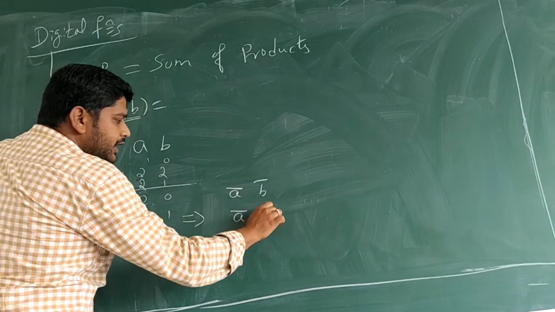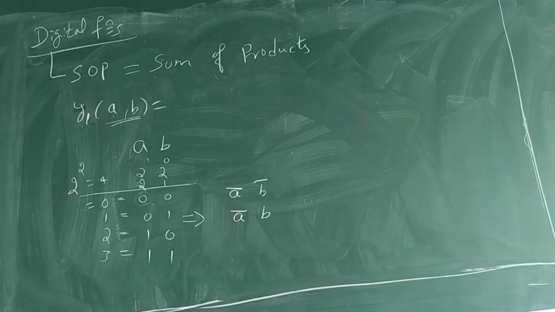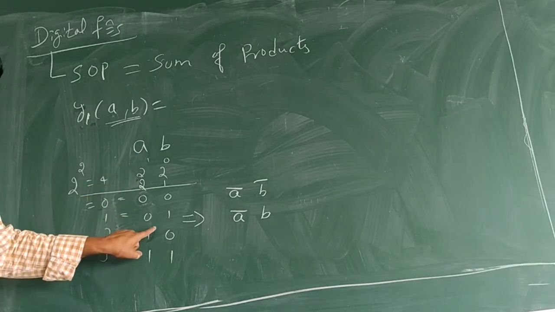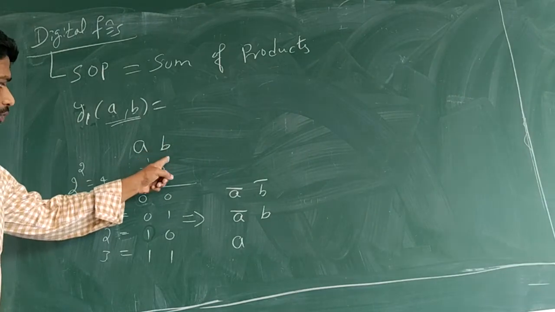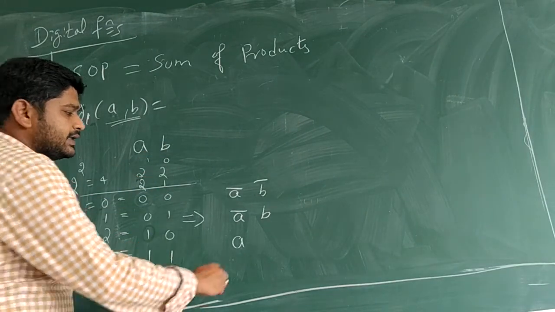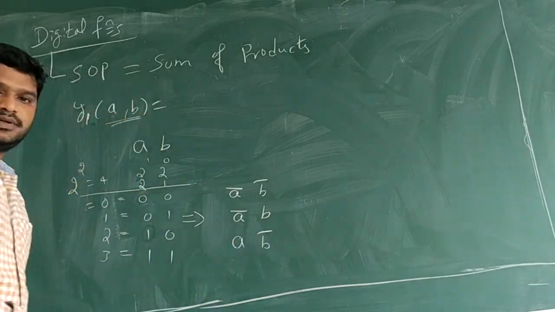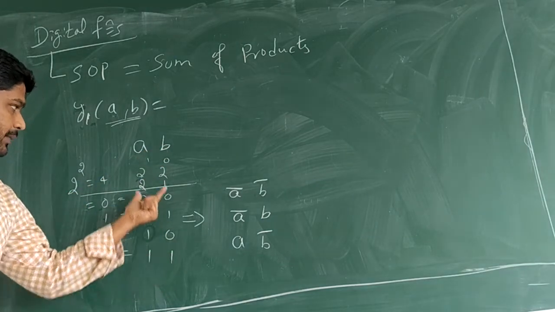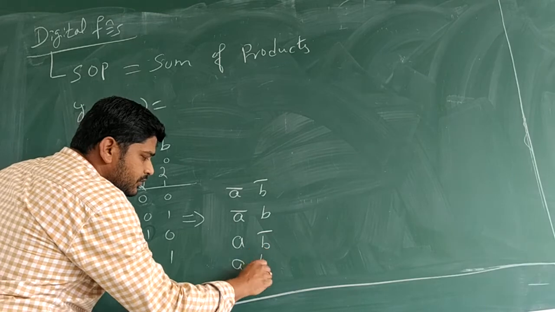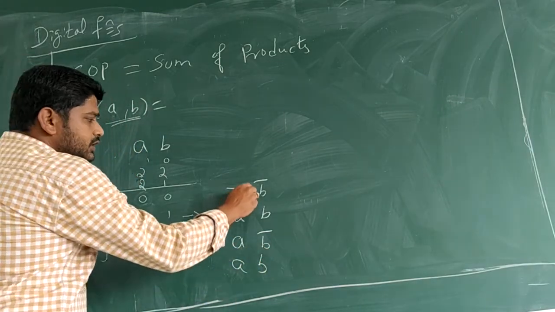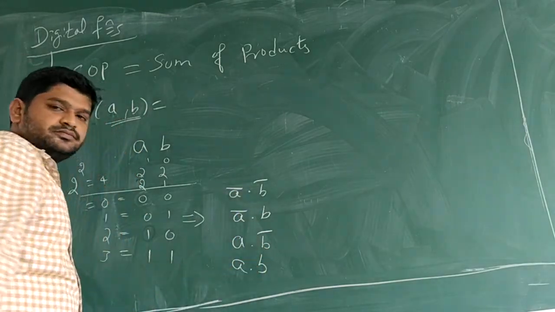B occurrence is 1, hence it is B, not B complement. Third row: A occurrence is 1, hence it is A. B occurrence is 0, hence it is B complement. What about the fourth row? Map them A, B here, 1, 1, hence it is A B. Okay, so all the things are done.